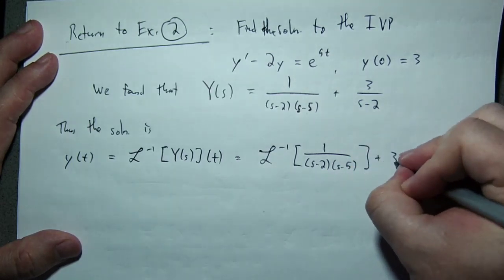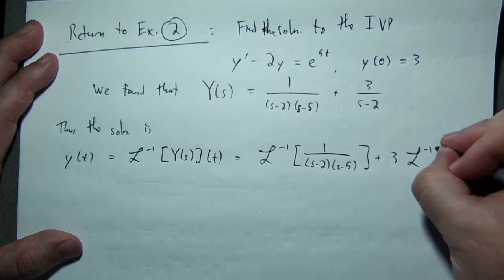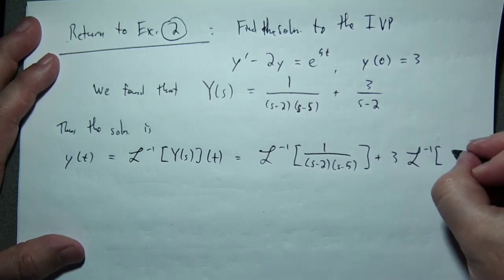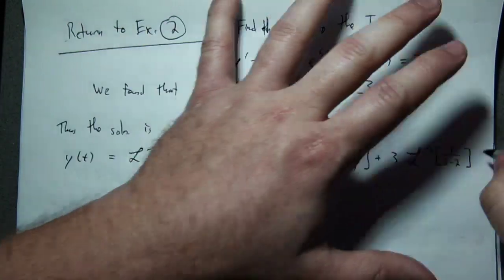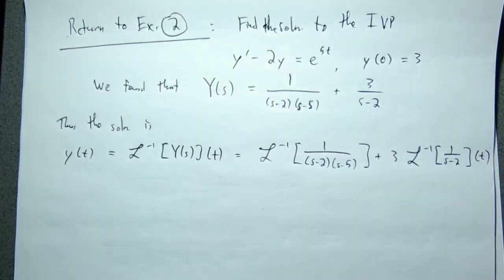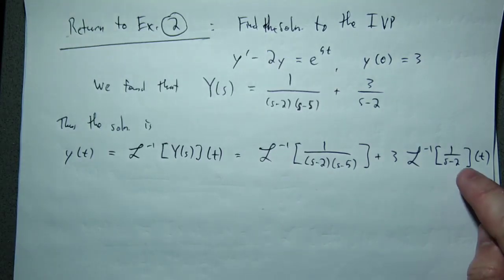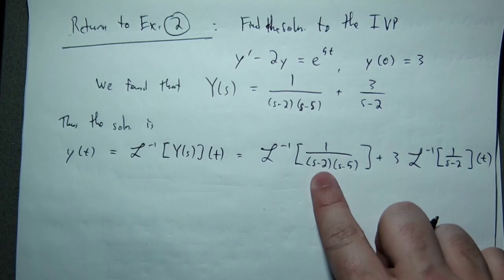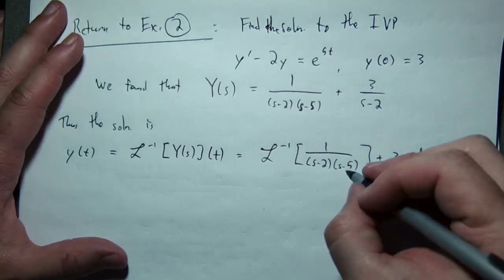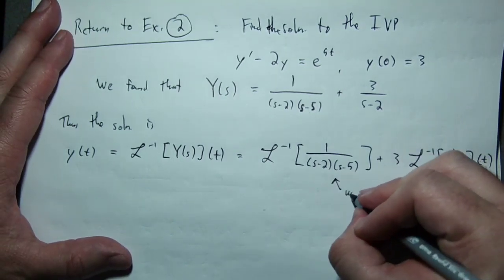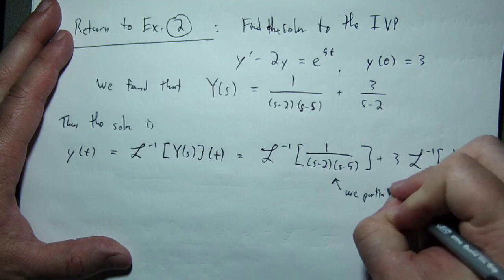I know I didn't write the t here. Forgive me. We know how to do this one. How do I do the first one? I look at the table. I don't see anything like this. What's my first instinct? Partial fractions.